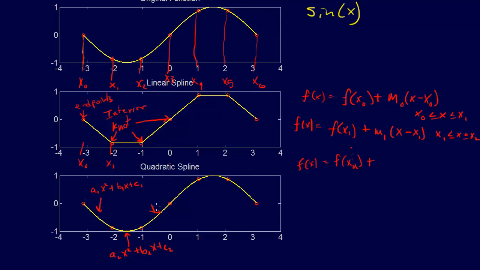And similarly, we could have a3x squared plus b3x plus c3, and so forth. So this is segment 1, this is segment 2 or interval 2, interval 3, and so forth.